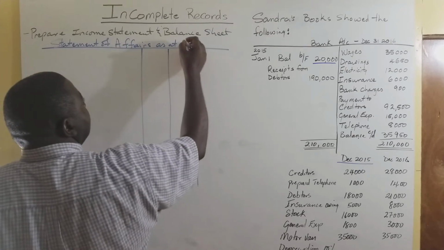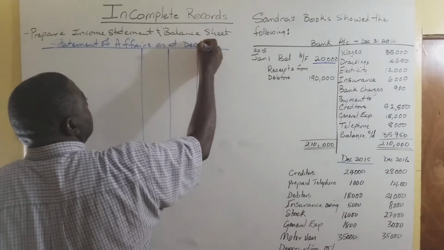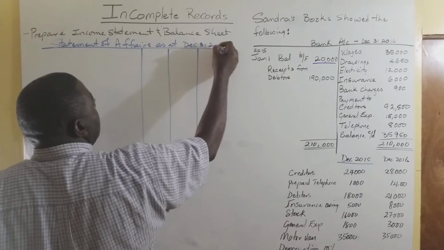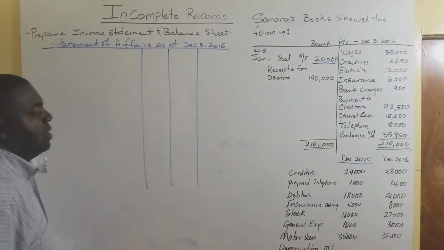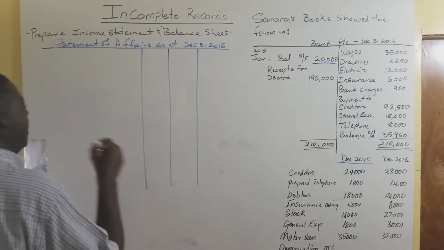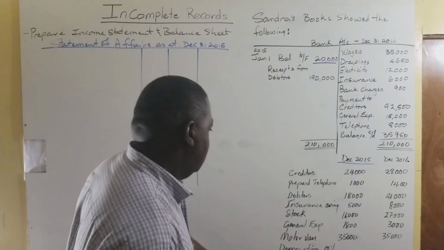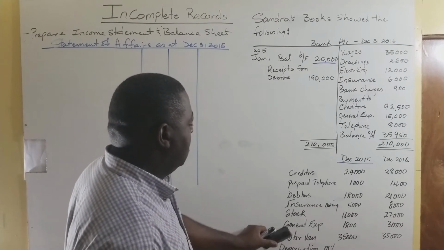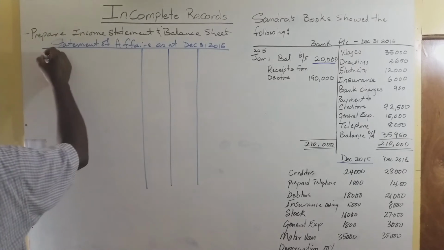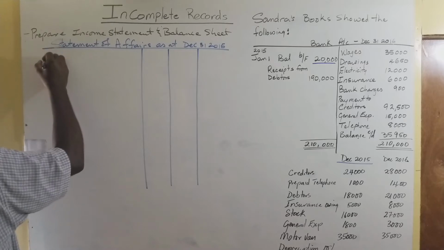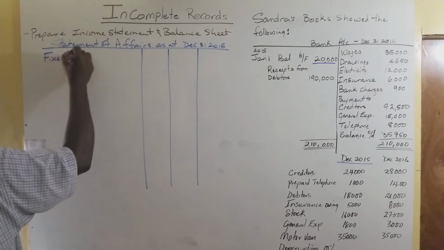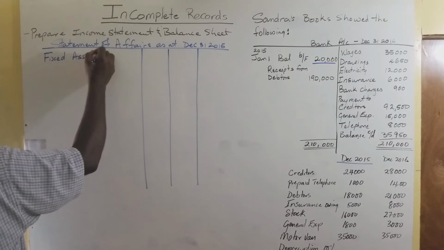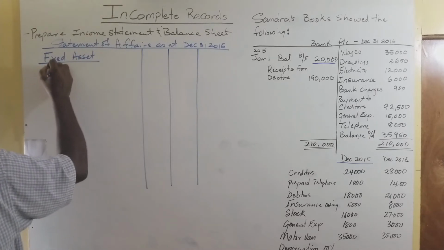As at December 31st, 2015. So we're going to start with all the assets that they have. From the question, it seems we're seeing motor van. So there's a fixed asset. So we begin. And that is motor van.